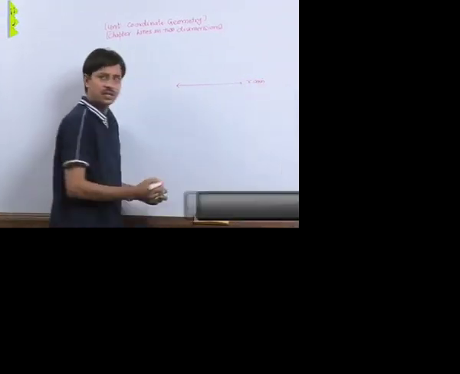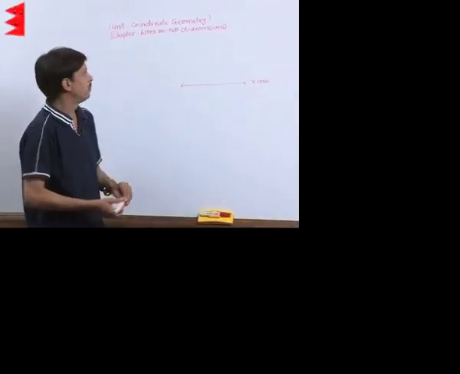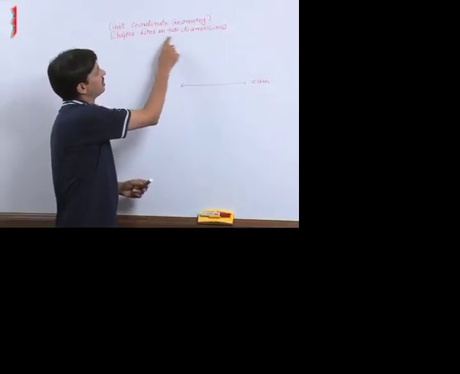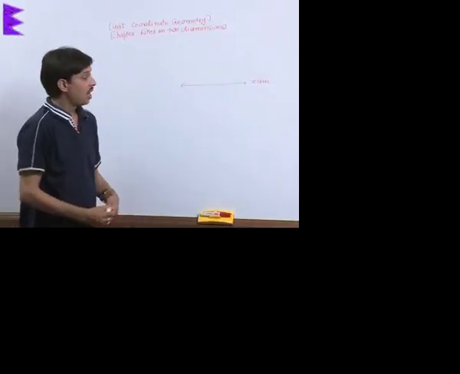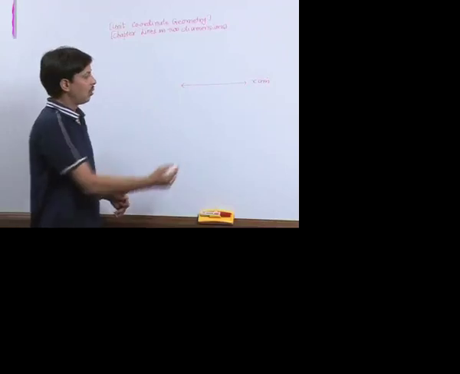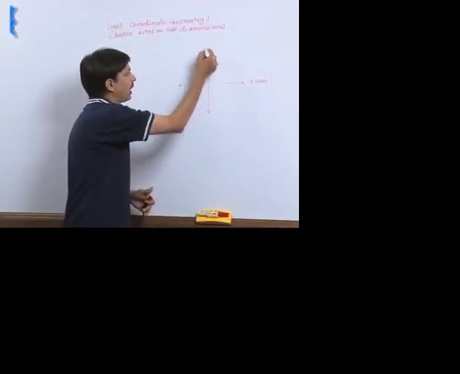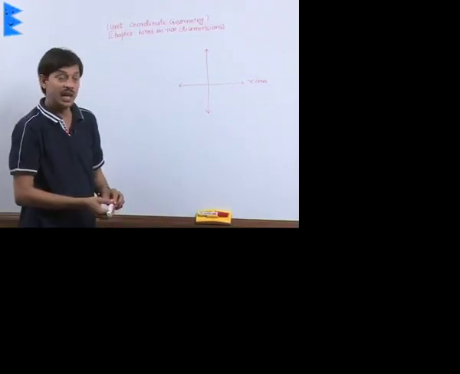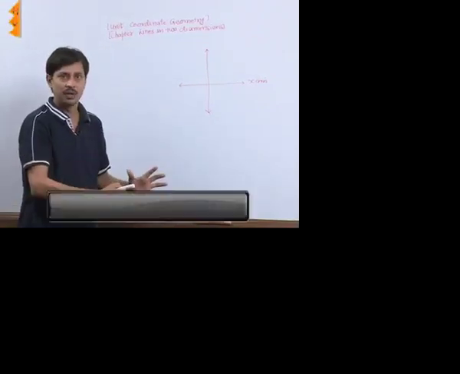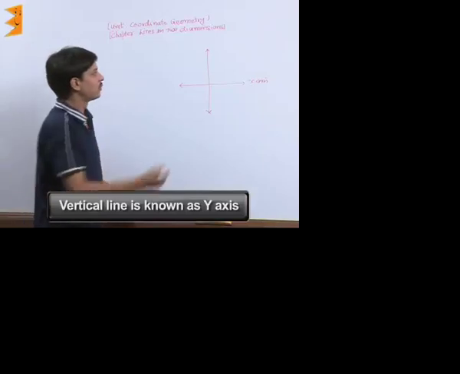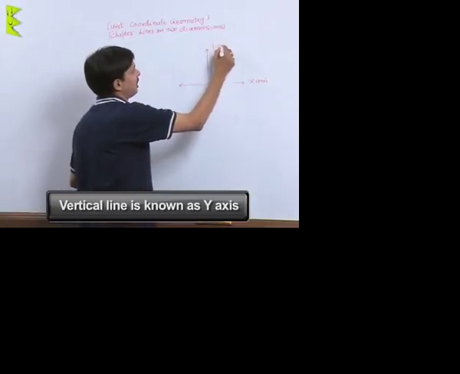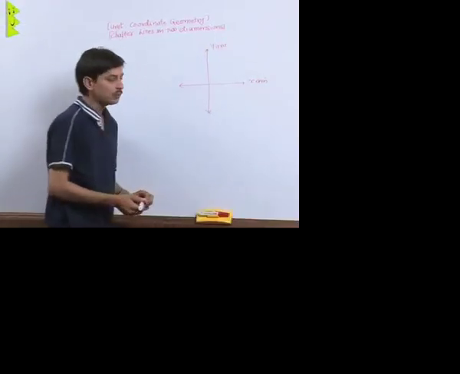There are two axes, x-axis and y-axis, because the chapter is lines in two dimensions. If we draw one line which is perpendicular to the horizontal line, that is known as the vertical line, and its name in this chapter is y-axis. This is the y-axis, the vertical line.